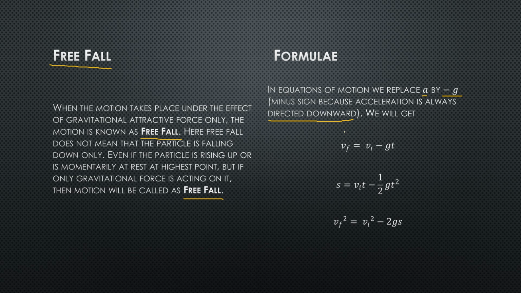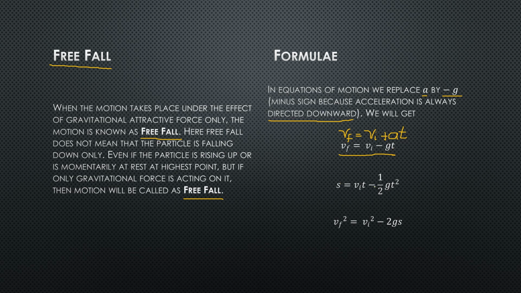Our formula from the previous lecture is final velocity equals initial velocity plus acceleration multiplied by time. Acceleration will be replaced by negative g, so final velocity equals initial velocity minus the product of acceleration due to gravity and time.